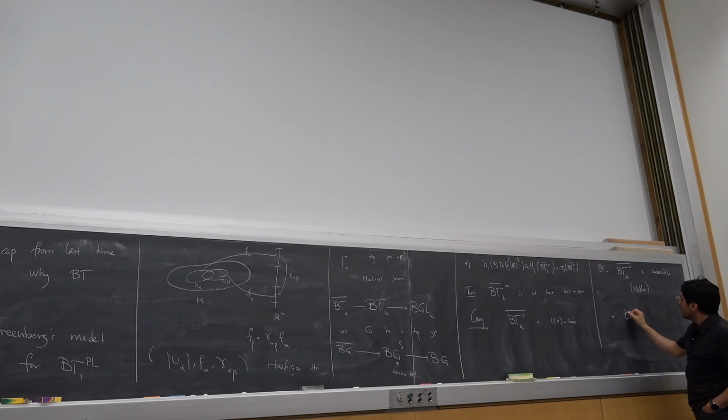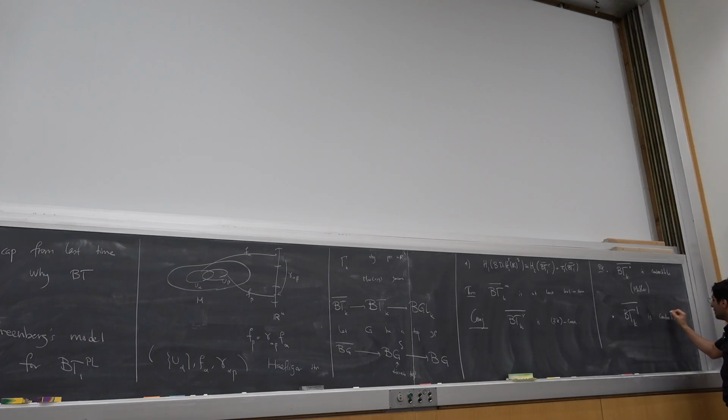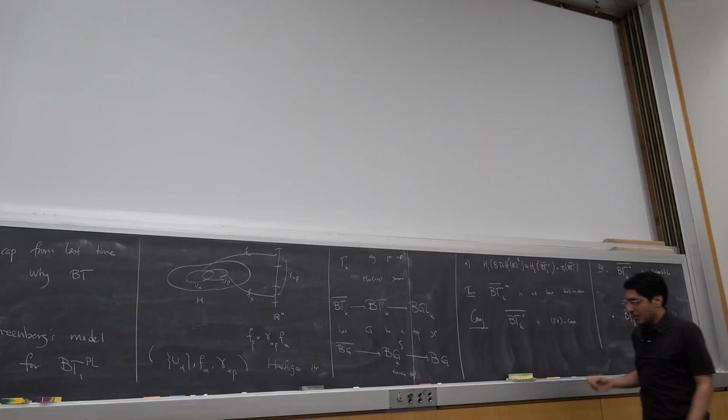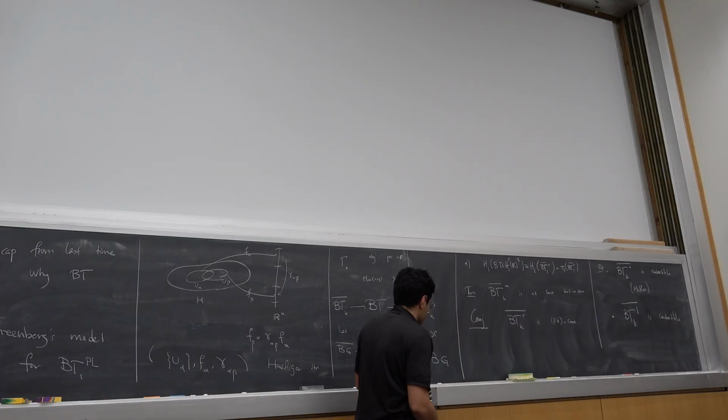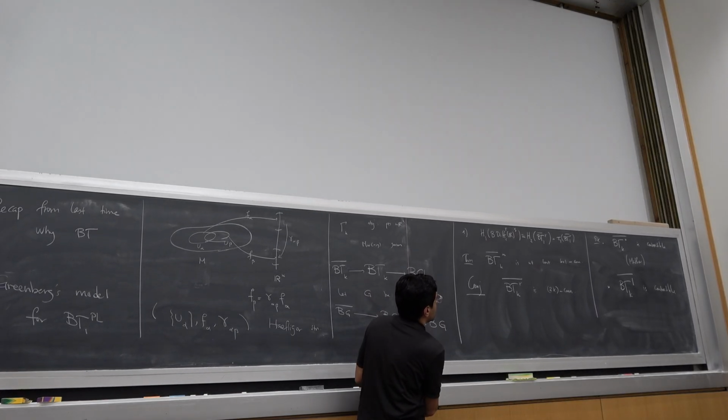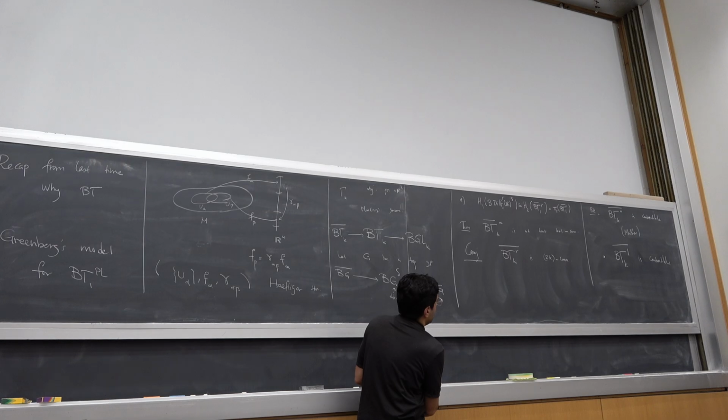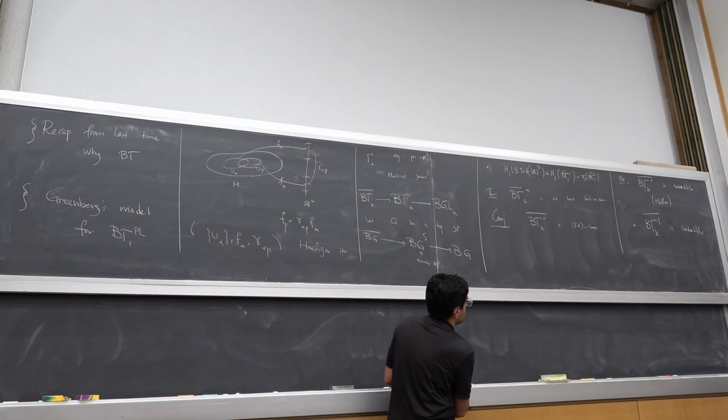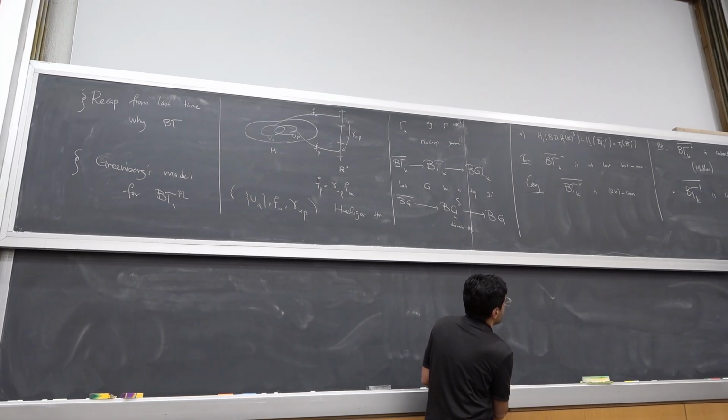So B Gamma_k^1 bar is also contractible. And I'm going to tell you the idea for C^0. In case you haven't seen it, it goes under the name Mather's trick, which is very useful.